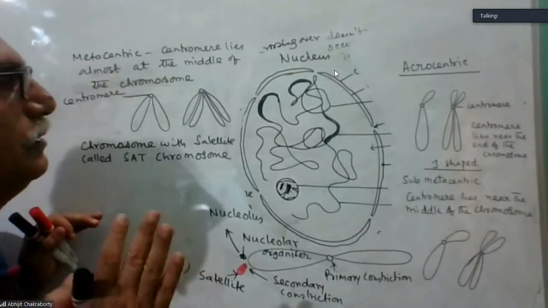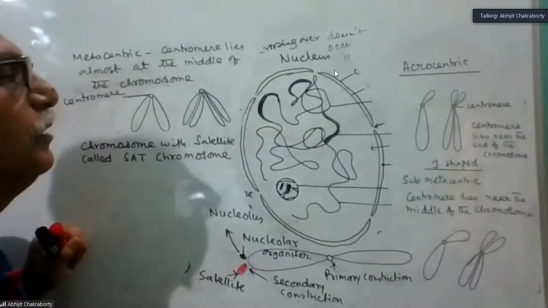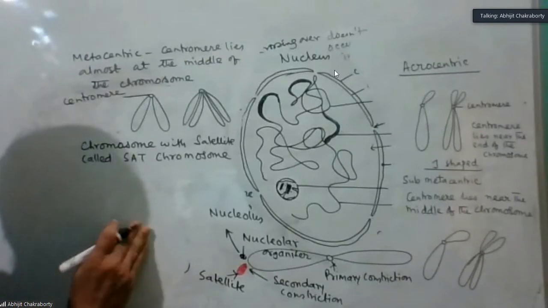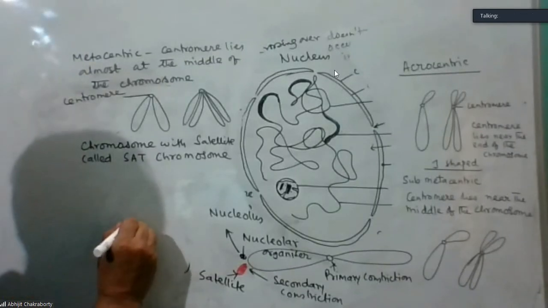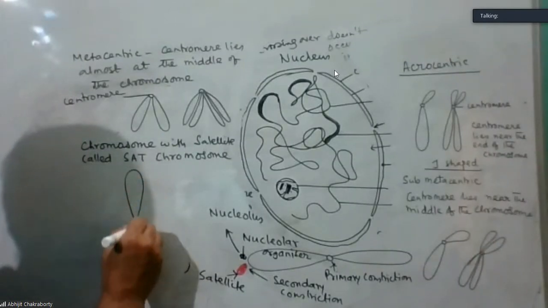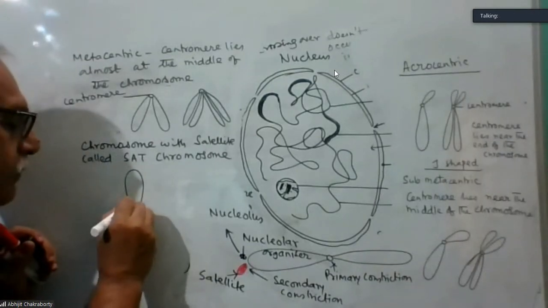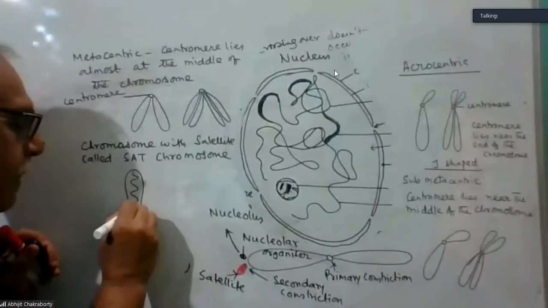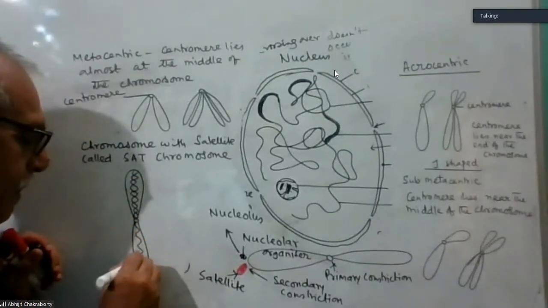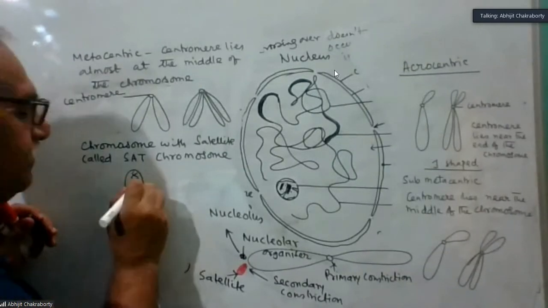Okay, so after this, the chromatin part is completed. Now we have to talk about another thing, in a chromosome, you need to remember this most important part. So this is a chromosome. This is called the chromonema thread.